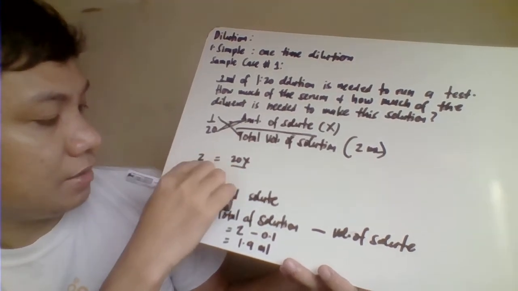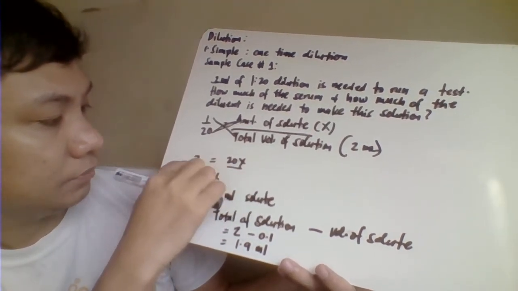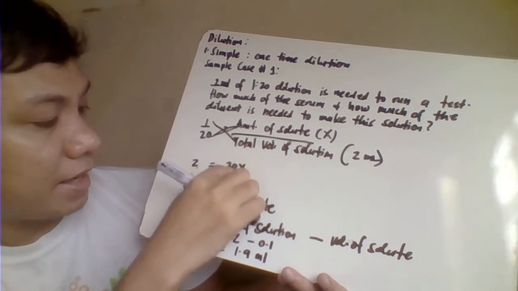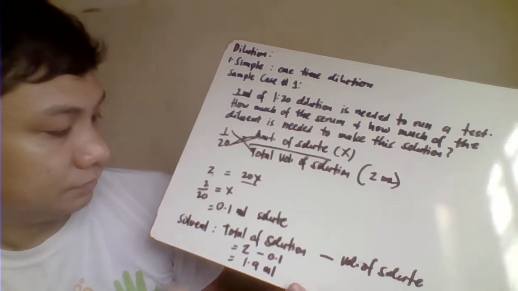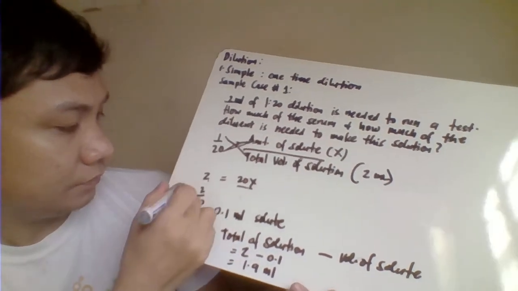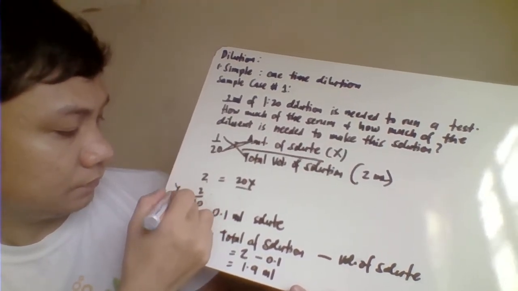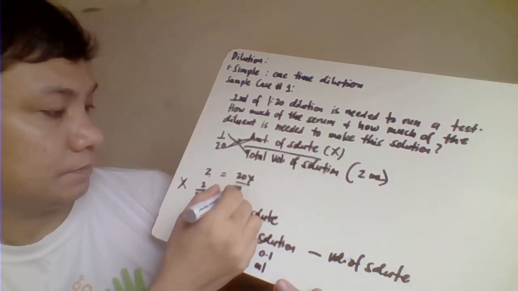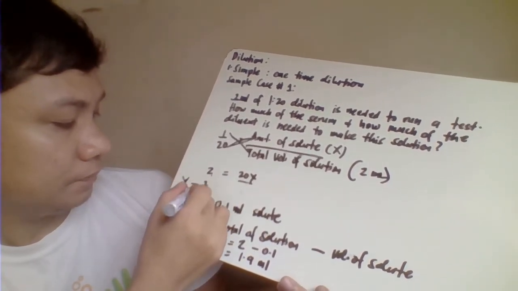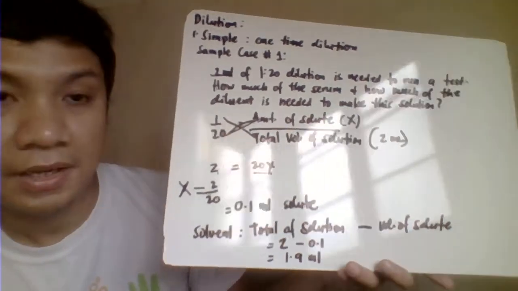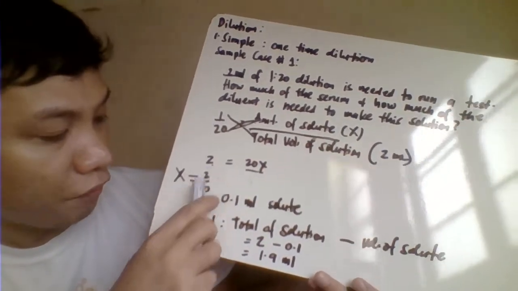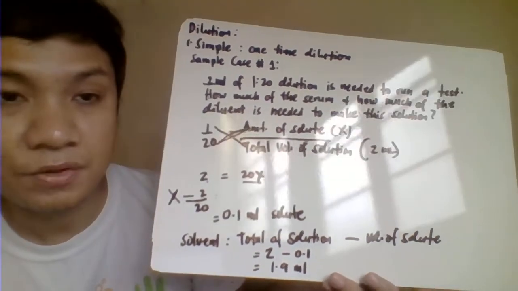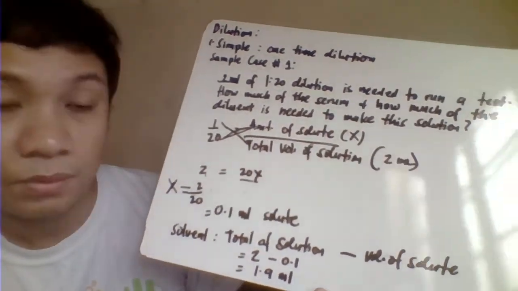Again, 20x, because here the x should be the unknown. So what you got was 2 over 20, because x is the one we are solving for. That gives you 0.1 ml of our solute.